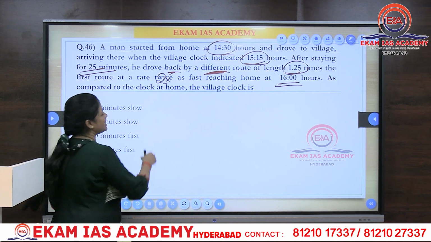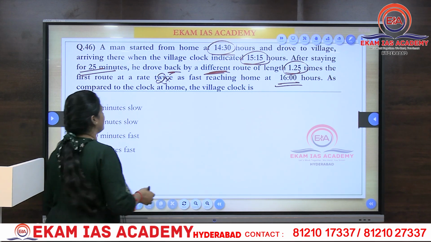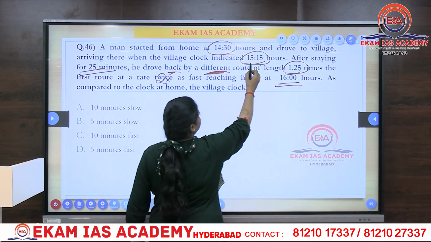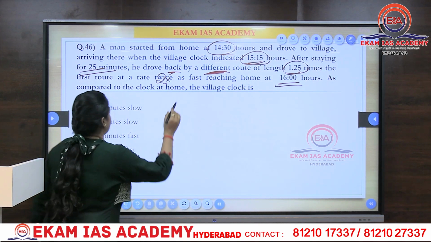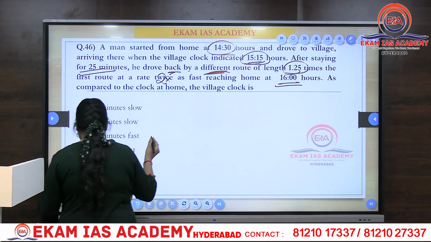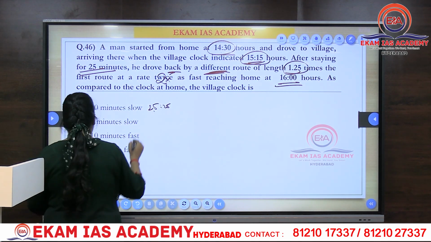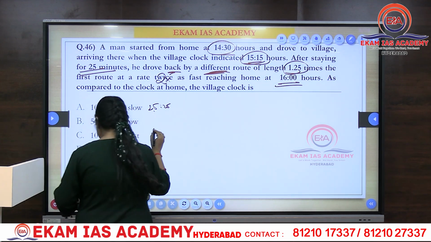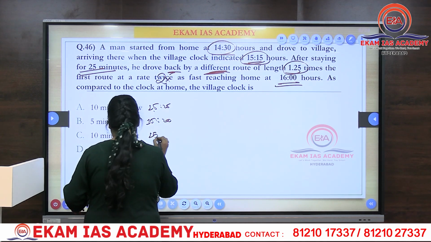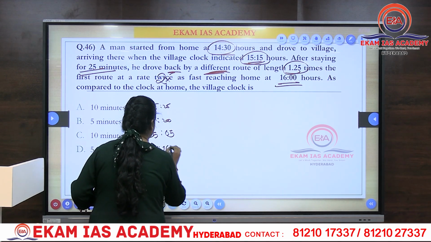What we want to do here is find out whether the village clock is fast or slow. So when he started at 14:30 and reached there, the clock showed 15:15. If the clock is 10 minutes slow, what would be the original time? It is 15:25. In the same way, the original times in all these three cases would be 15:20, 15:05 and 15:10 respectively.